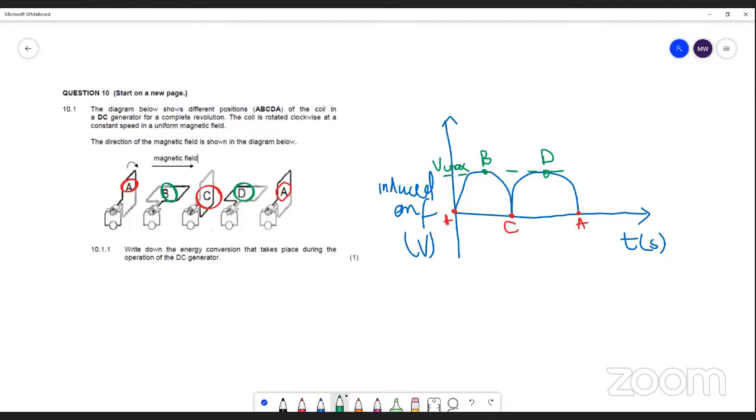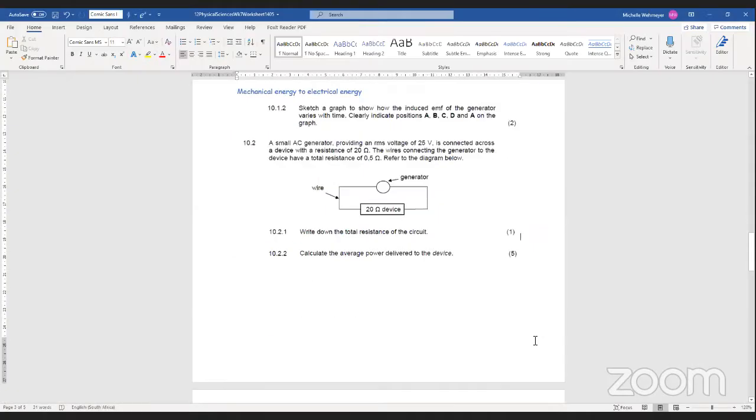Okay, then let's see what the next question asks. So then you've got question 10.2, and they tell you a small AC generator providing an RMS voltage of 25 volts is connected across a device with a resistance of 20 ohms.